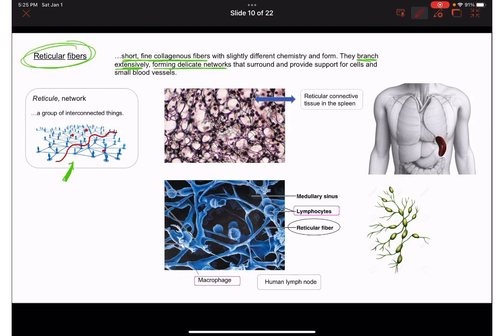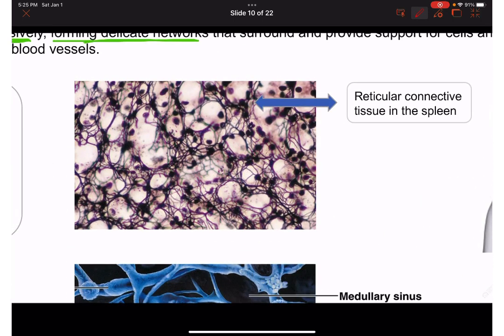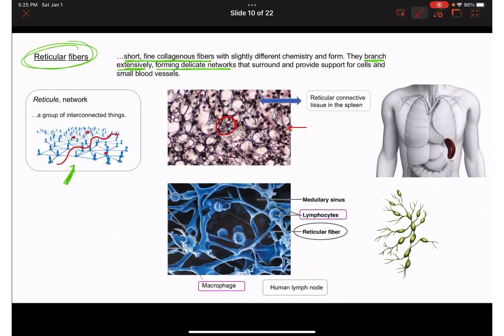And a good place to find reticular fibers is in reticular tissue. This is reticular tissue that we find in the spleen. And you can see these small, fine, delicate networks. And when we get to the lymphatic system, we'll talk about this, but the spleen is a lymphoid organ.